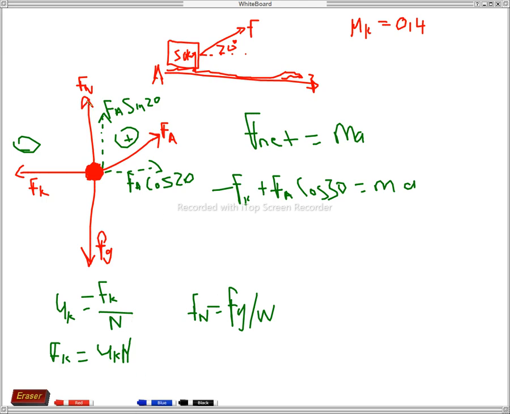In this case, you can see that the normal force is not the only force acting upwards. We also have the horizontal force, the force applied.